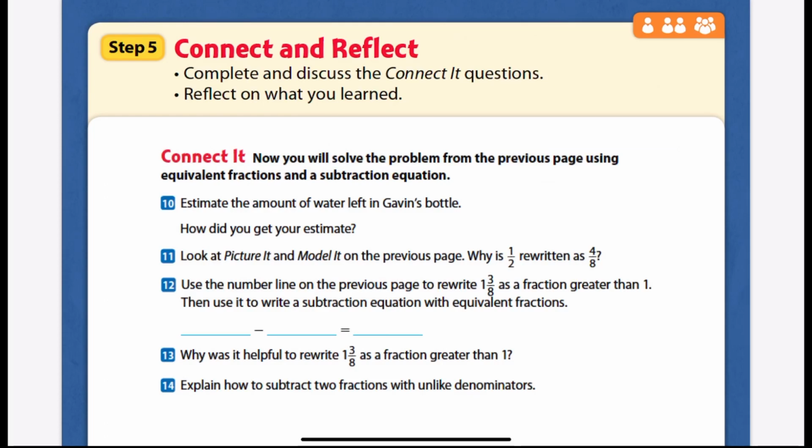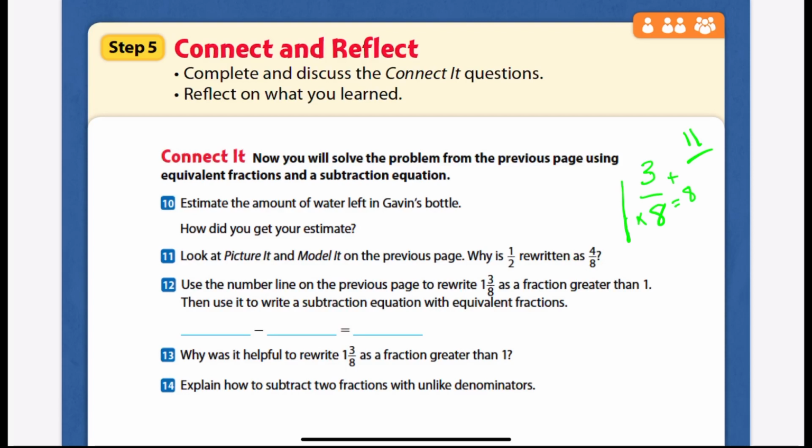Use the number line on the previous page to rewrite 1 3/8 as a fraction greater than 1. Then use it to write a subtraction equation with equivalent fractions. If we look at a number that's greater than 1, that could be a mixed number. So 1 3/8, if we want to write that as an improper fraction, I do 1 times 8, which is 8, plus 3 more, that's 11.